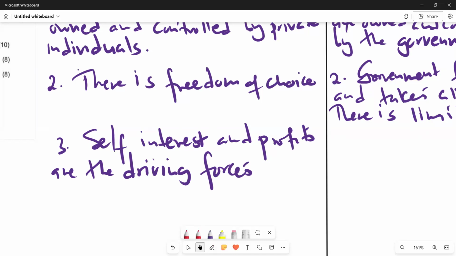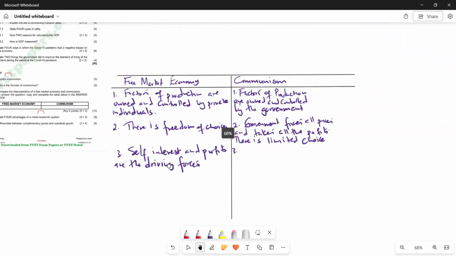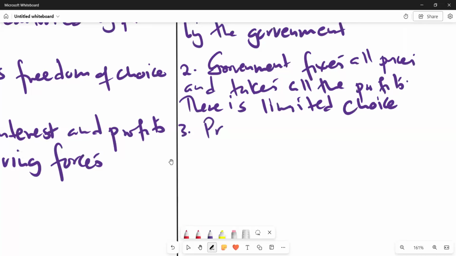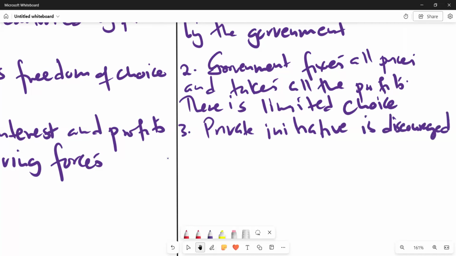And then under communism, private initiative is discouraged. So this is what we have there.